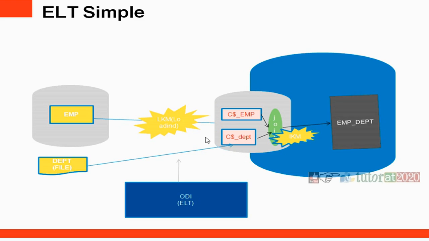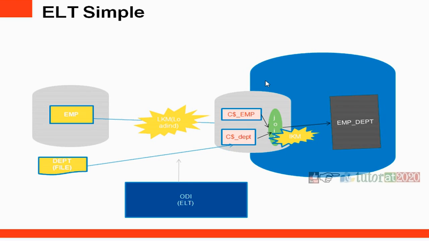Once the data is loaded here and here, since both are in the same database and in the form of tables, these two data sets I want to join and load into this target table. So now ODI will go and create one simple SQL statement. Whatever data you need to join and load into the target is all in database tables only.